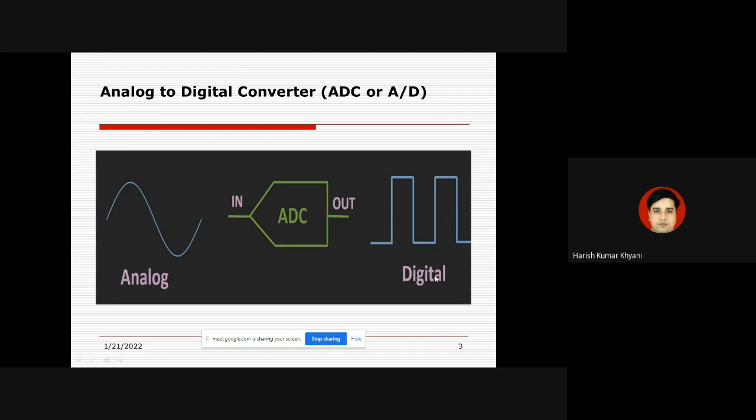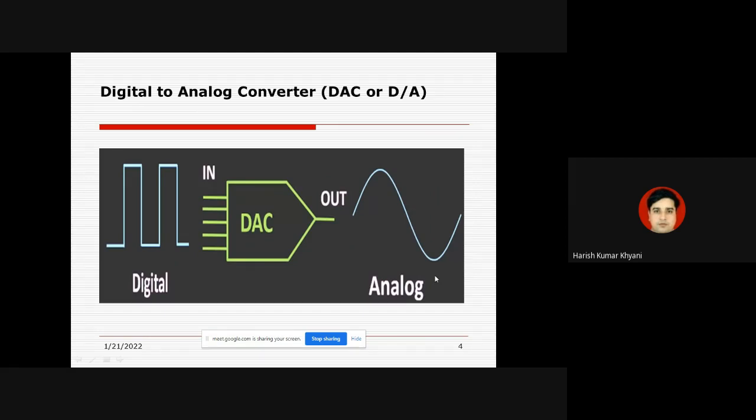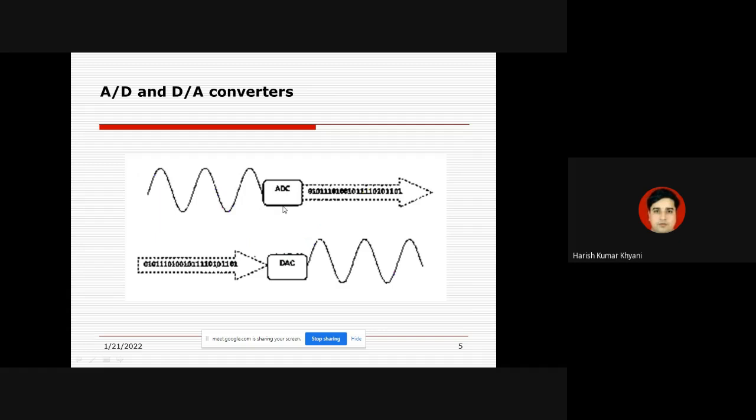In case of a digital to analog converter, we are inputting a digital signal, and we are using a device DAC, that is digital to analog conversion, and on the output side we are getting an analog signal, right? So in a nutshell, in ADC our analog signal is converted into digital form, whereas in DAC our digital signal is converted into analog form, right?